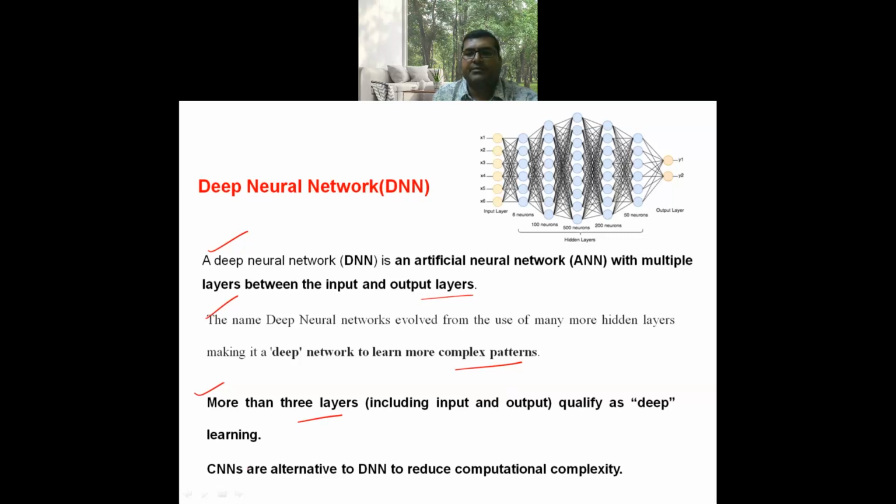Convolutional neural networks, CNN, are an alternative to deep learning to reduce computational complexity. In convolutional neural networks, if it is digit classification, in place of pixels, we extract features so that the complexity will be minimized.